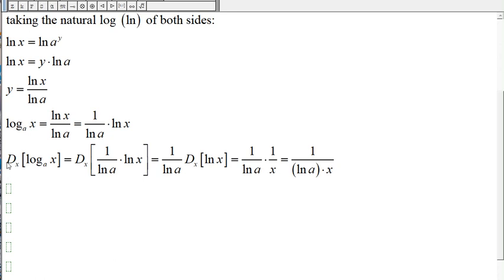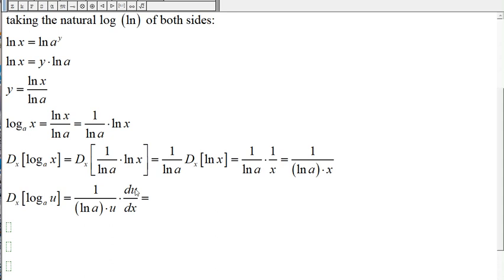And then instead of x, if we have a function u, where u would be some expression of x, or some function of x, then by the chain rule, this would be 1 over ln a times u, and then times du dx.